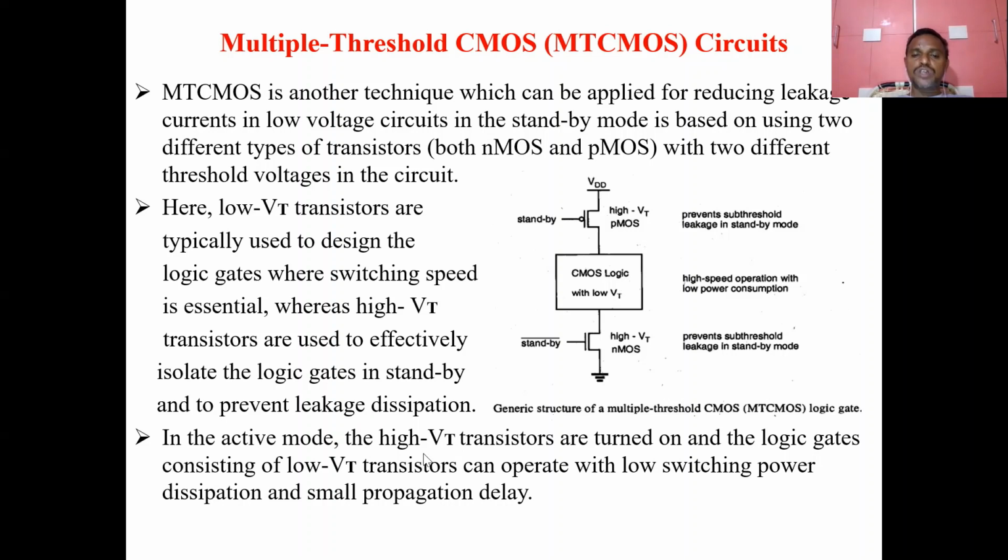This is the importance of these high threshold voltage transistors. But we have seen the active mode, and our problem is what? In the standby mode, there is power dissipation in the transistors at the time of standby mode.